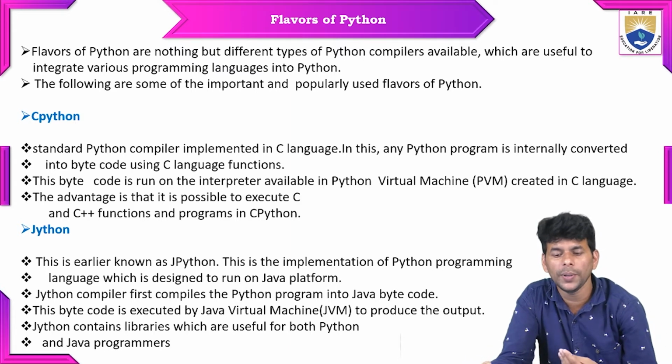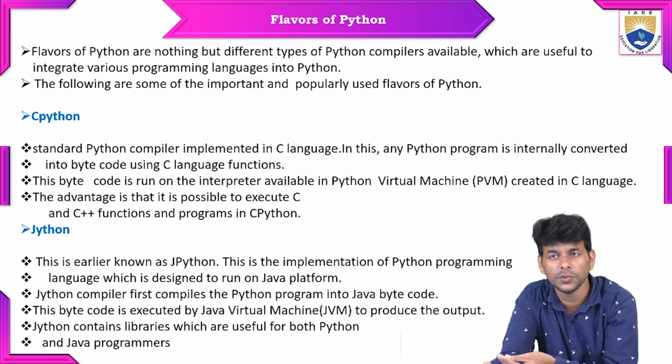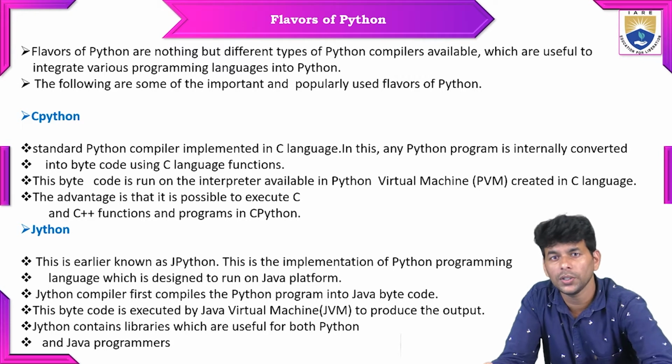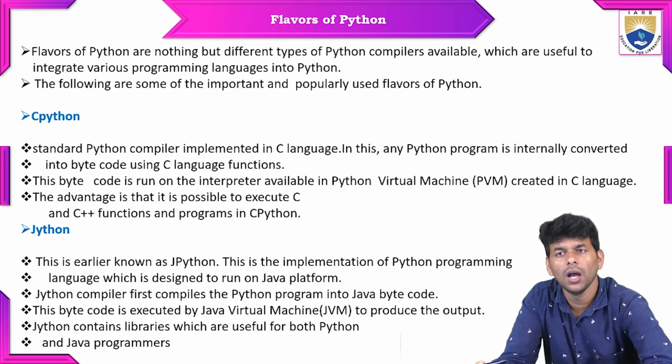That means how many types of Python there are, how they work, how they are executed, whether they use interpreters or compilers for the execution of code. Everything will be discussed here in the concept called flavors of Python.